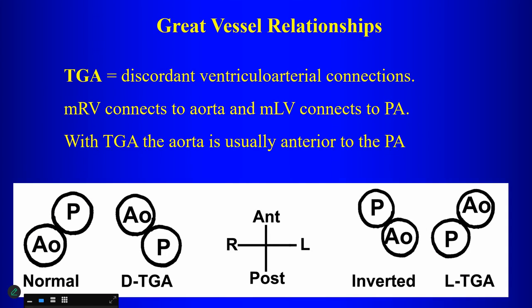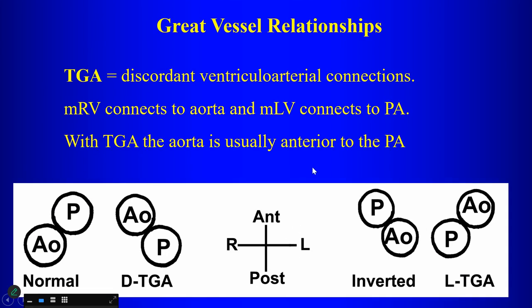The morphologic right ventricle is connected to the aorta, and the morphologic left ventricle to the pulmonary artery, regardless of what side of the body they're on. We're talking about the morphology of the ventricles, not the anatomy as far as side, okay?